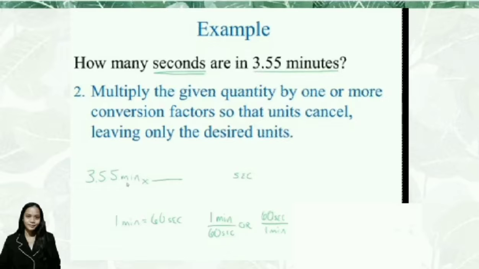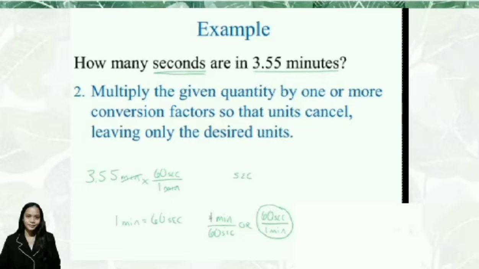It has to be either the one on the left or the one on the right. If I want minutes to cancel, the minutes will have to be on the bottom. So it's going to have to be this variation right here: 60 seconds on top and 1 minute on the bottom.